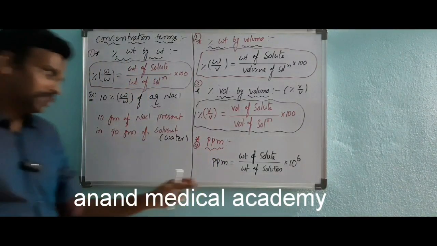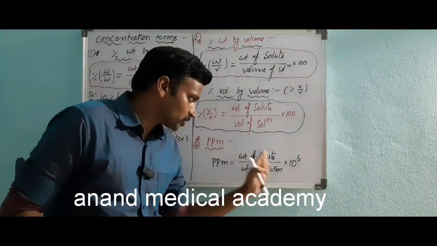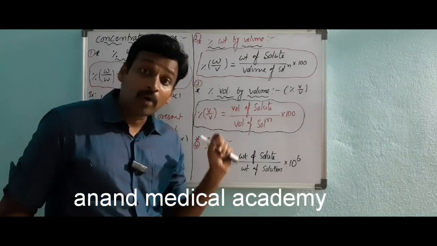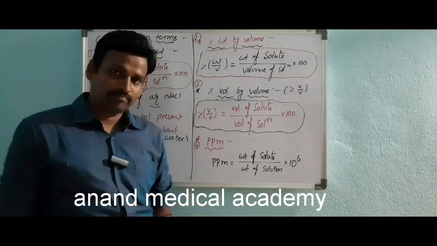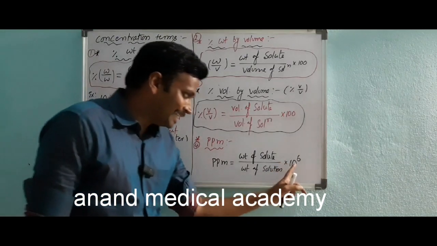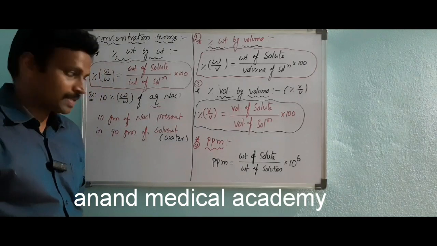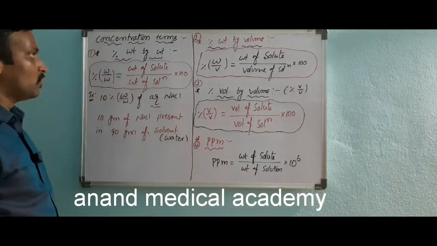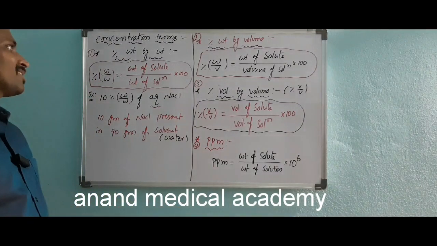I repeat, the amount of particular solute present in 1 million parts of solution. 1 million means 10 power 6. Okay, so we discussed 4, and let's discuss the remaining concentration terms.